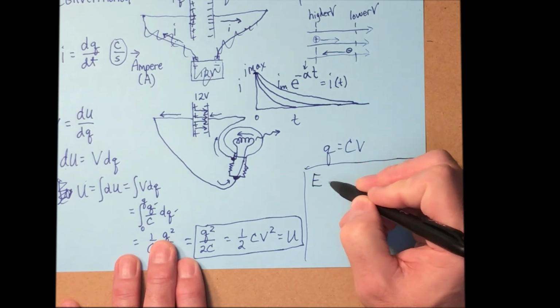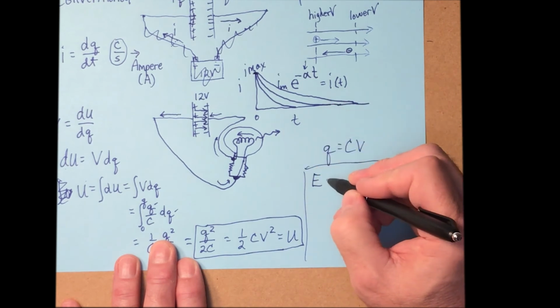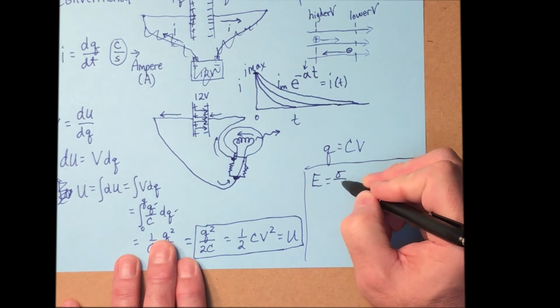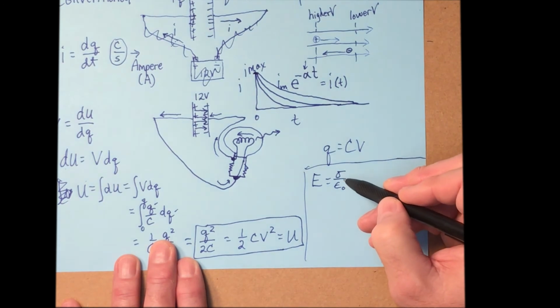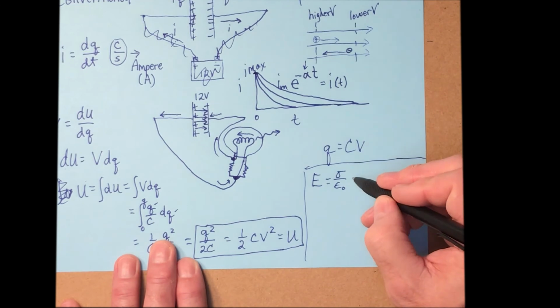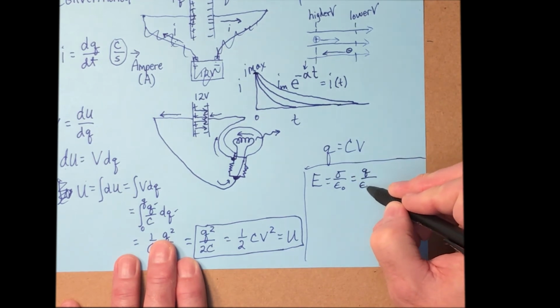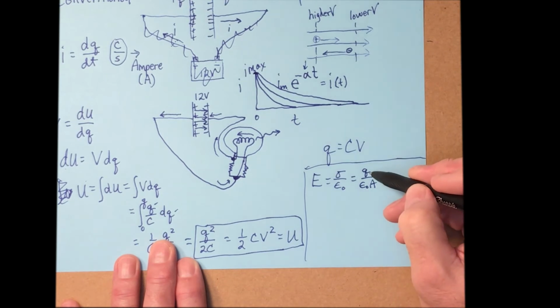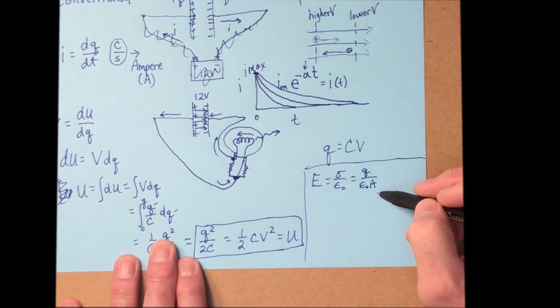E, the electric field for a parallel plate capacitor, is equal to sigma over epsilon naught. Now, sigma was charge per area. So if we have a surface area A for our two plates, then that's Q over A, all over epsilon naught. That's charge per area.